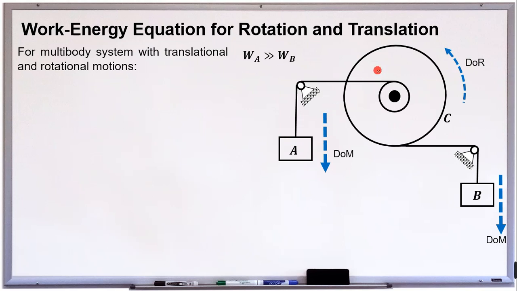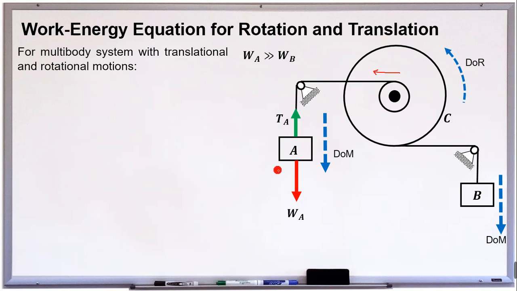And if A moves downward, this rope right here will cause a counterclockwise moment on our cylinder C, thereby making it rotate in a counterclockwise direction. So this is its direction of rotation, counterclockwise. And if the cylinder C rotates counterclockwise, the block B will move upward in this direction. So this is its direction of motion.